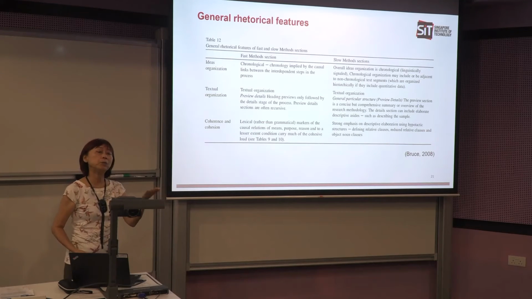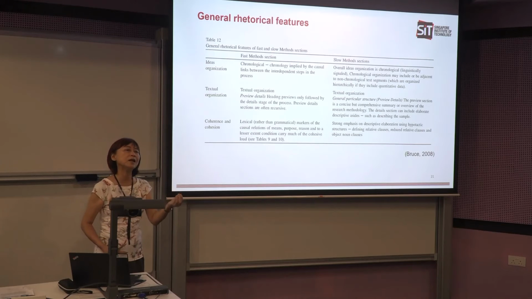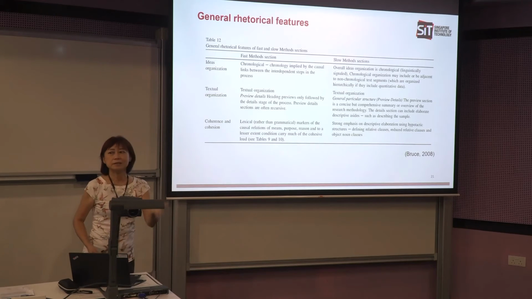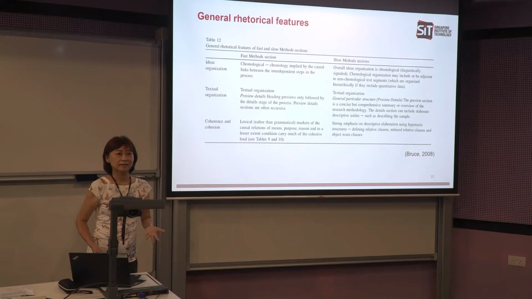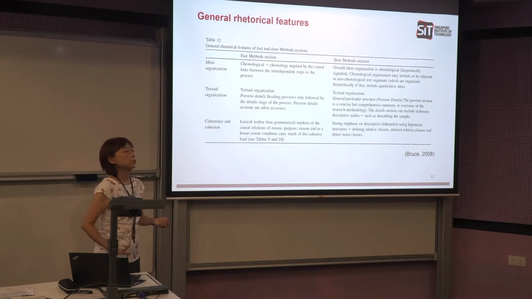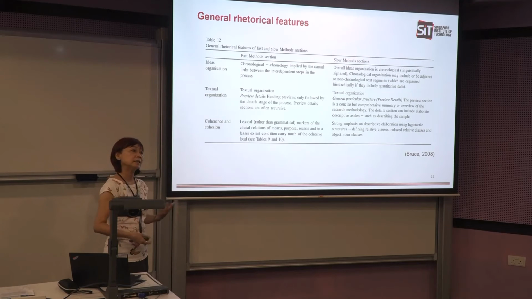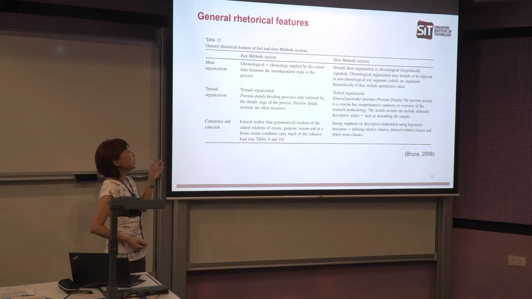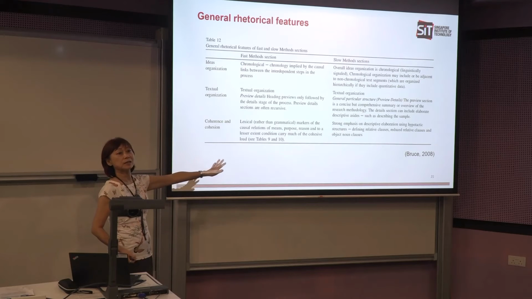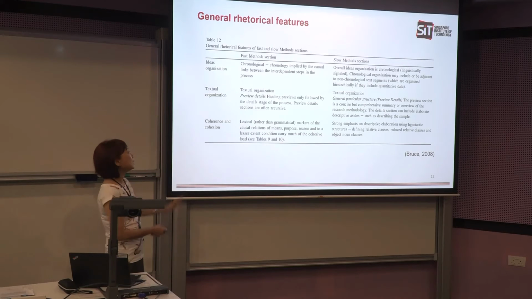If you're reporting on some standard procedure, you don't have to give the details of those procedures. So that's fast. Slow will be more details given, more justifications given. Usually in the hard sciences, you see the fast methods. In the social sciences and humanities, you see the slow methods.